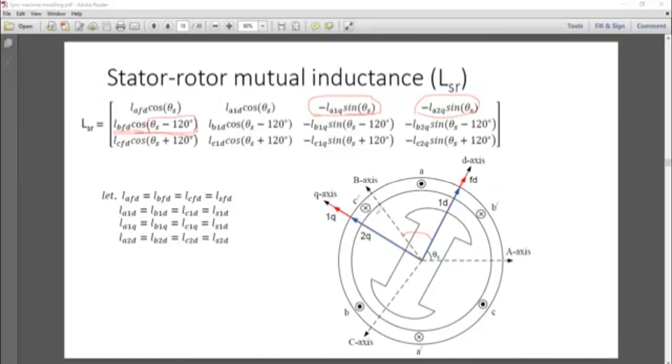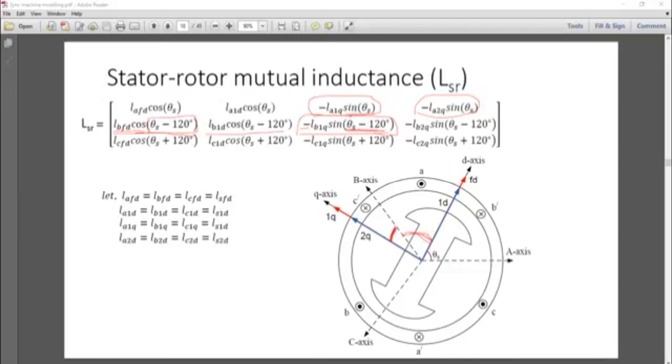LB1D is the same, because 1D and FD are along the same direction. LB1Q: you have to go for this angle. By now you should know why there is a minus and why there is theta s minus 120. Between B and 1Q, if this is the cosine component, this should be the sine component of the same angle, 120 minus theta s.